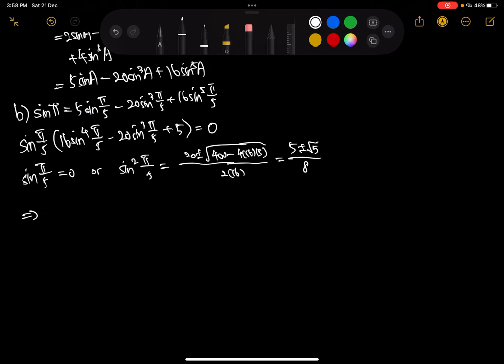And this implies sine pi over 5 equals 0, or root 5 plus root 5 over 2 root 2, which is just root 10. Wait, let me calculate that. Root 10 plus 2 root 5 over 4.